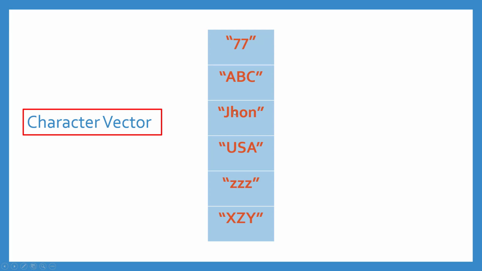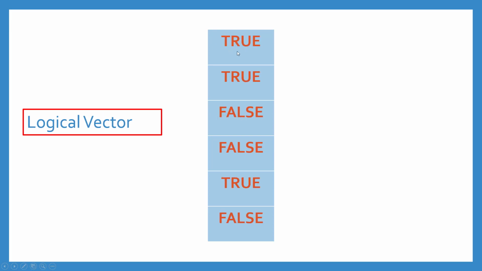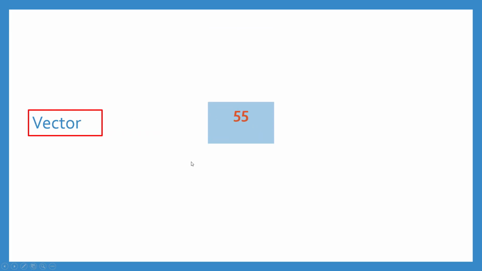We can also have a logical vector that would just contain TRUE or FALSE. And also remember, in R, a single digit or single alphabet or single word is also a vector. So in R, it doesn't mean that a vector has to have a couple of observations, right? So let's move to R and see how we work with vectors in R.